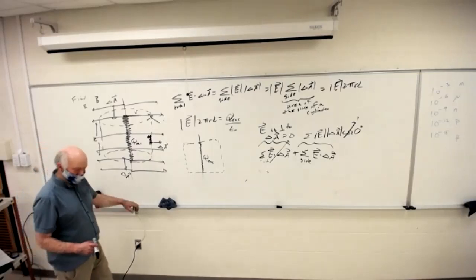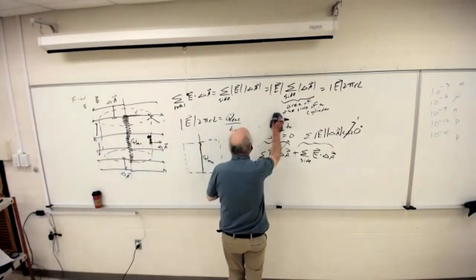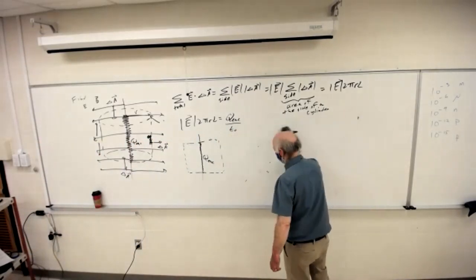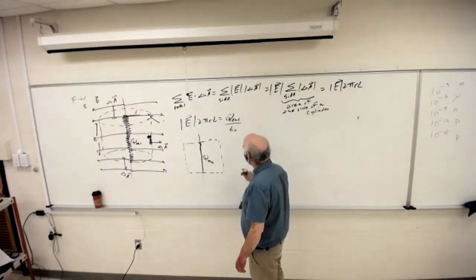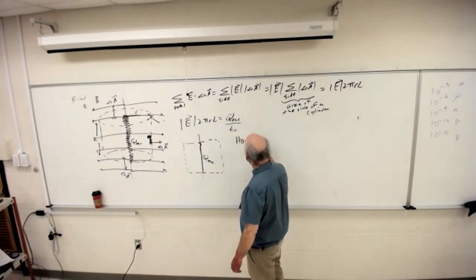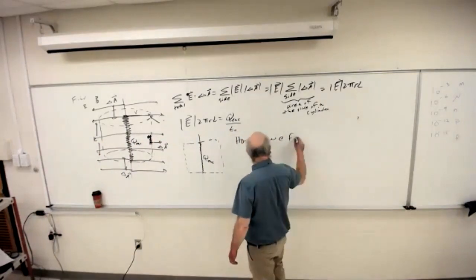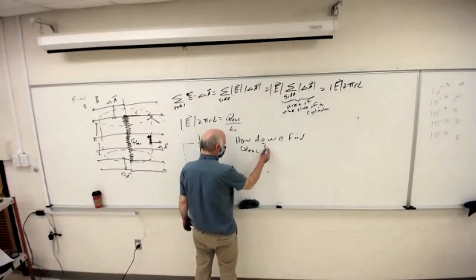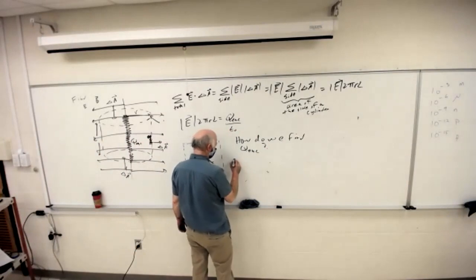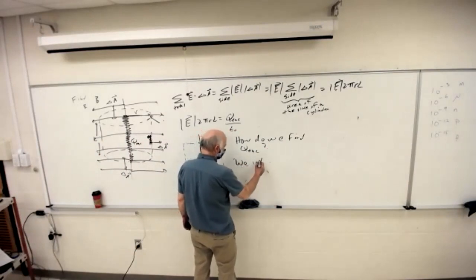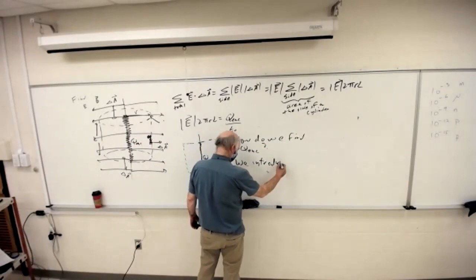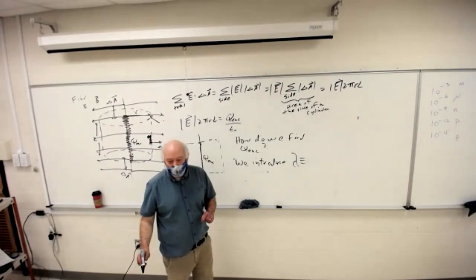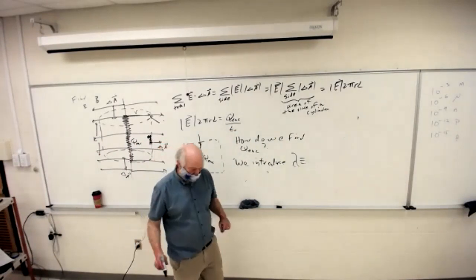Now, we're going to introduce something. We're going to introduce lambda. So how do we find Q enclosed? We introduce lambda, which is by definition charge per unit length.